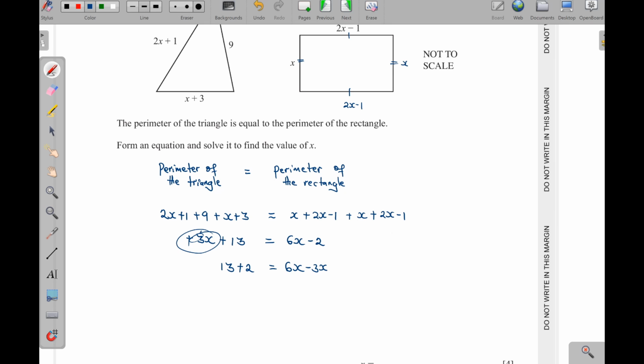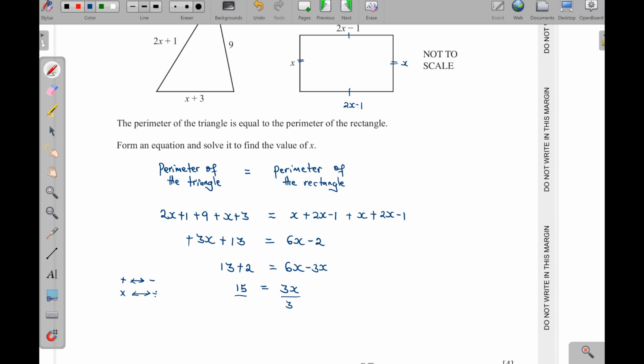Now when we take it away from here, it goes the other side, so it becomes a negative, because the positive is undone by the minus, and then multiplication is undone by division, and vice versa. So this one will give us 15. 6 minus 3, that will be a 3. Now we can divide through, because this is multiplication. So to undo multiplication, we are using what?